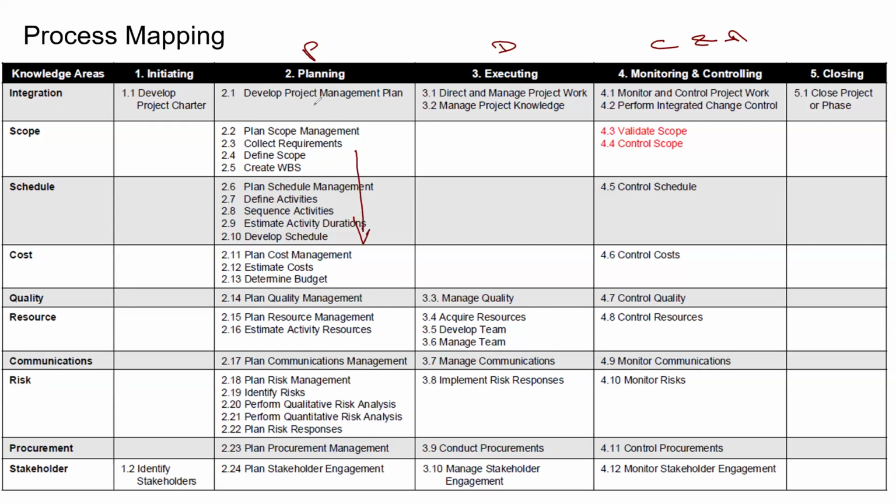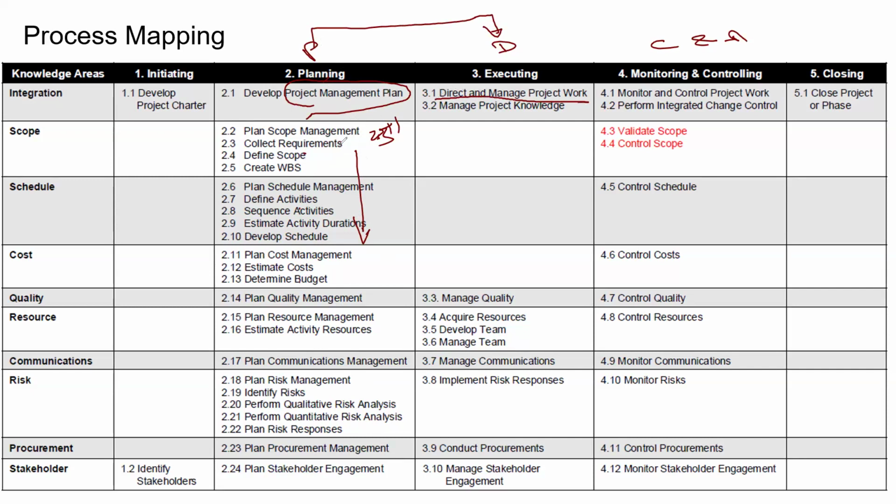At the end, you will compile the key outputs into a project management plan. That's what we discussed, 23 plus 1, 24 planning processes. So you'll have a compiled project management plan. The project management plan includes scope, schedule, and cost, which will be implemented in execution through direct and manage project work.